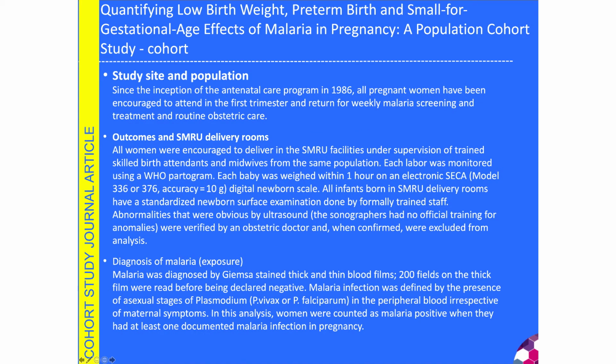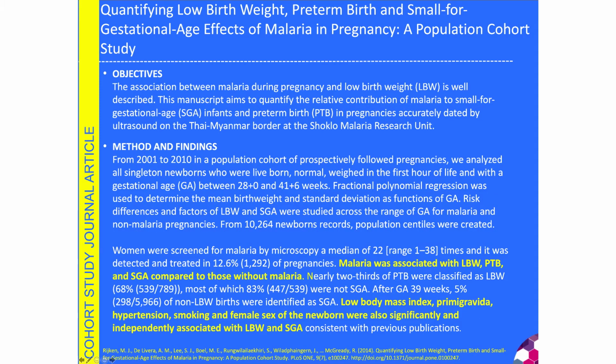The study site was an antenatal program established in 1986, and you can see here some of the ways that they measured the babies and they diagnosed the malaria. They diagnosed the malaria in a very specific way, and it's shown here. They were screened using microscopy to see the red blood cells and whether those red blood cells were infected with the parasite.